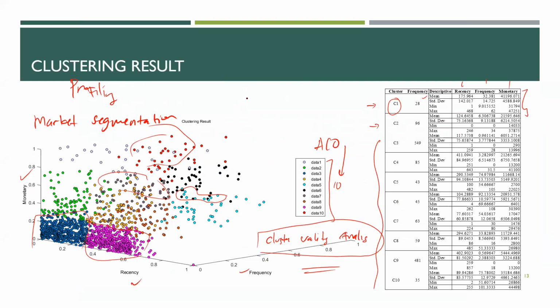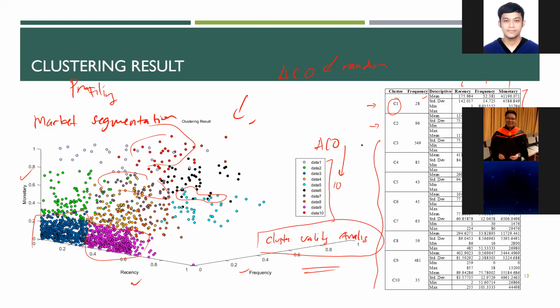Of course, to get this result, I did clustering several times and chose the best one, the most stable result, because the results can be different from each other. The algorithm is a metaheuristic, but it also contains a random factor, so the results can also be different.